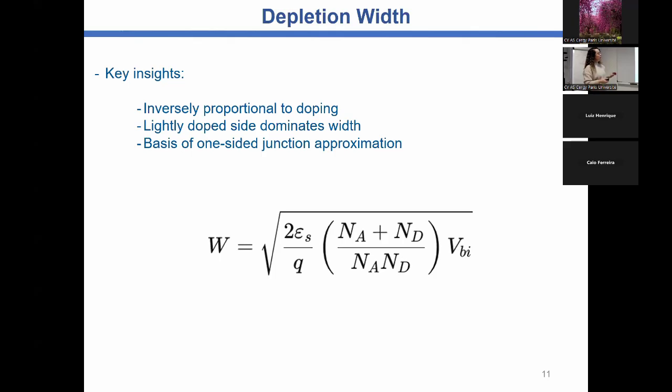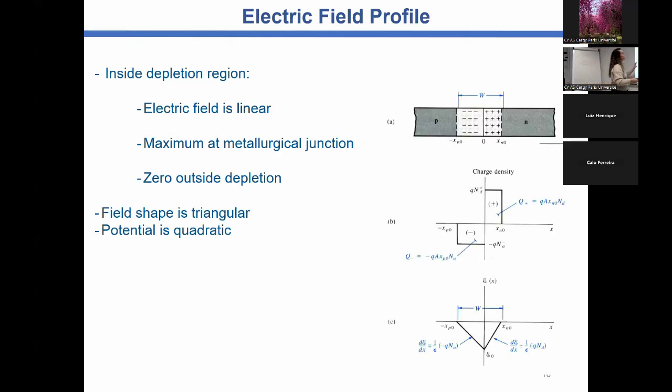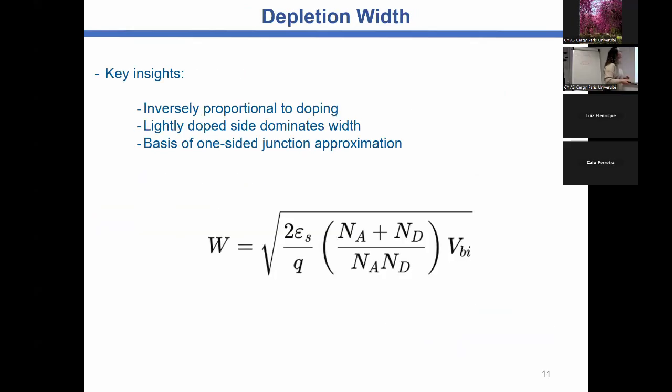In terms of how we can know the depletion width, as we discussed, it will be different if we have distinct dopings.